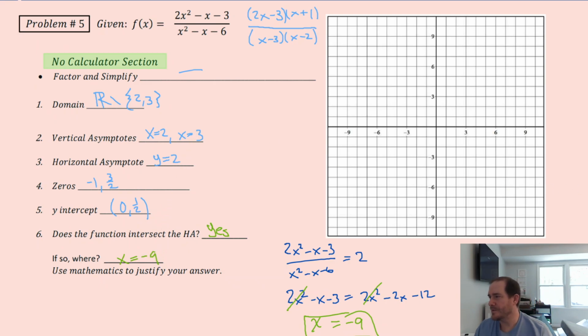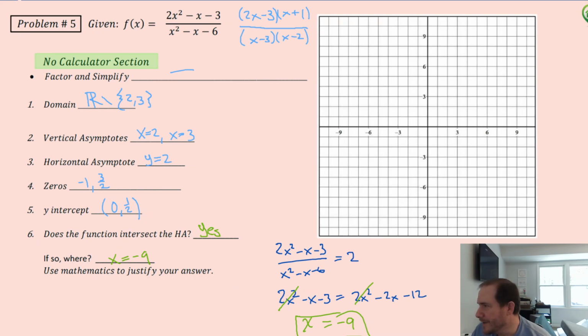Alright, so start plotting. I'm going to cheat just a little. Vertical asymptote at 2. That's here. And then there's another one so soon, right at 3. Then our slant asymptote. No, we don't have one of those. We have a horizontal at y equals 2. So that's here.